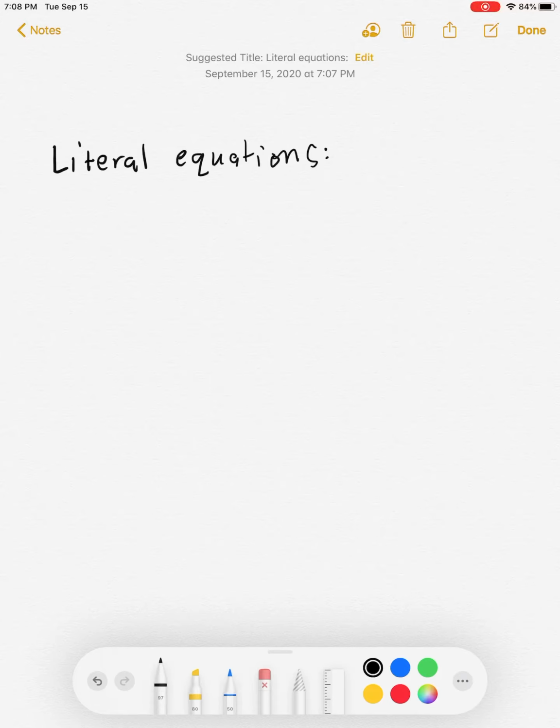All right, take two. Today we're talking about literal equations. Now, literal equations are any equation with more than one variable.